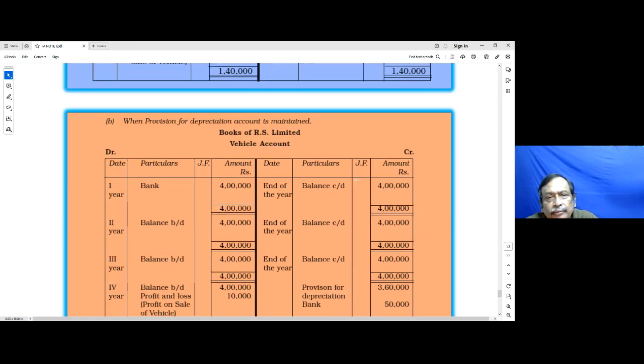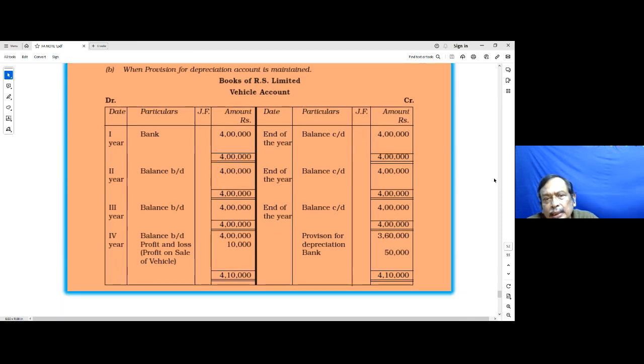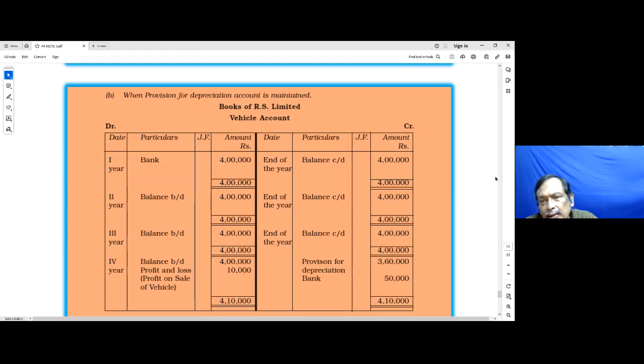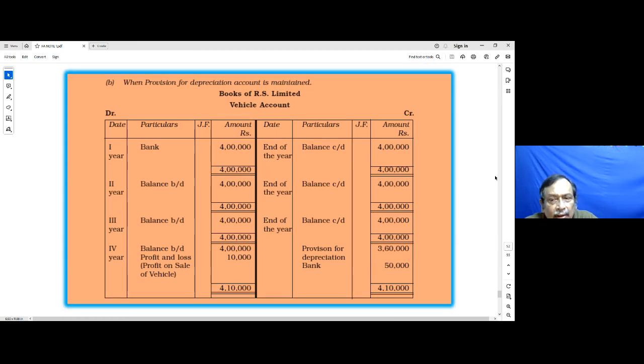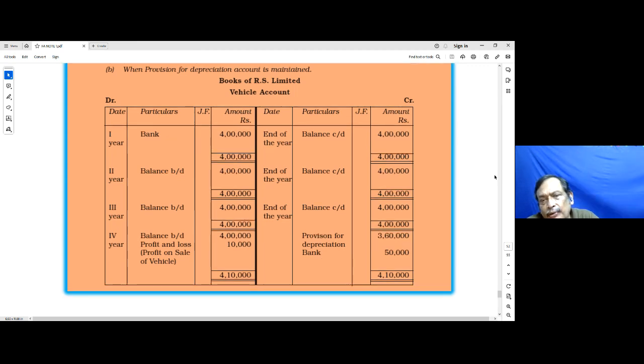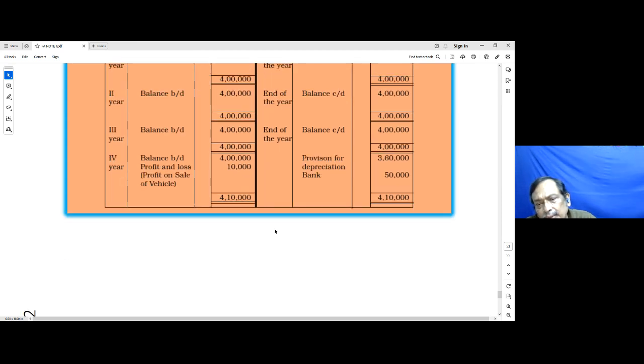Now when provision for depreciation account is maintained, then we write to bank 4 lakh, end of the year by balance carried down 4 lakh. That is the vehicle account. You see, all are maintained at the original cost. Second year also 4 lakhs. Then third year also 4 lakhs. In the fourth year, we are having 4 lakhs. Then by provision for depreciation 3 lakh 60 and bank account 50,000, to profit and loss account, that is profit on sale of vehicle 10,000.